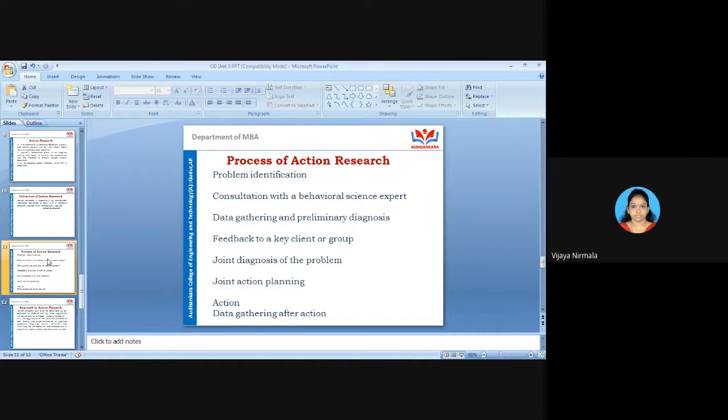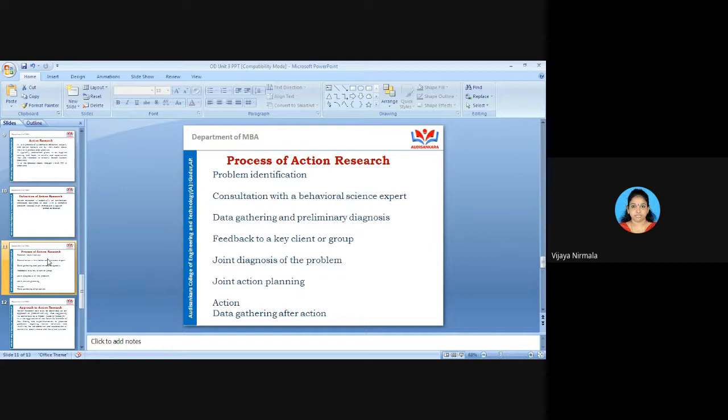Because action research is a collaborative activity, the diagnostic data are fed back to the client, usually in a group meeting or work team meeting. This is the feedback step, right?